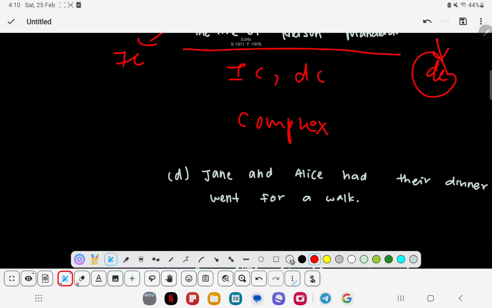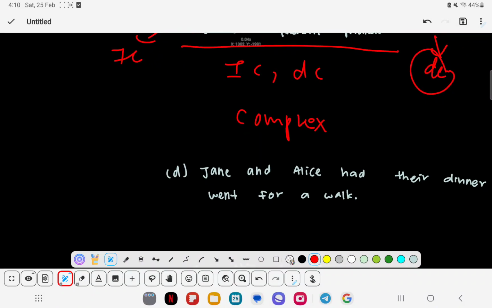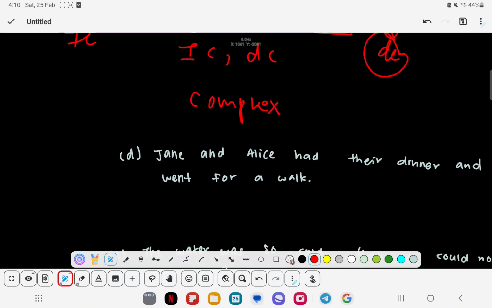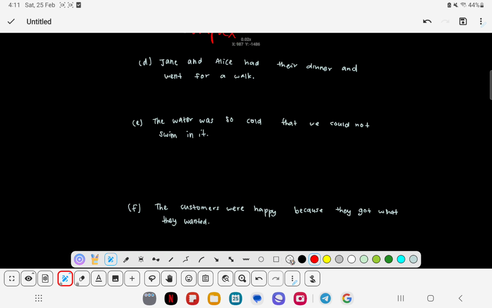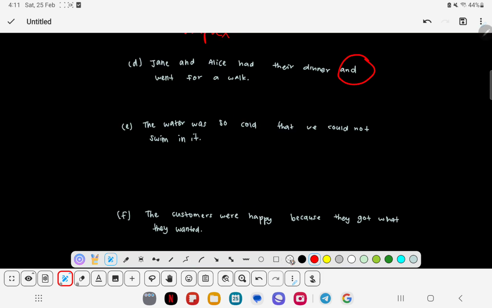Let's see the D. Jane and Alice had their dinner and went for a walk. What does this mean? This is a compound sentence. Why is it a compound sentence? The word and.